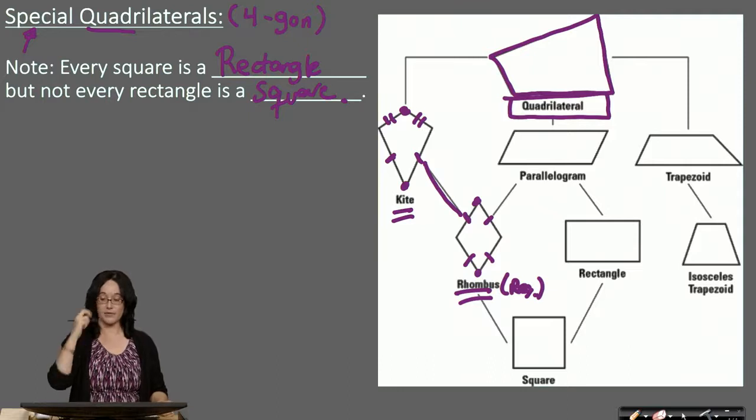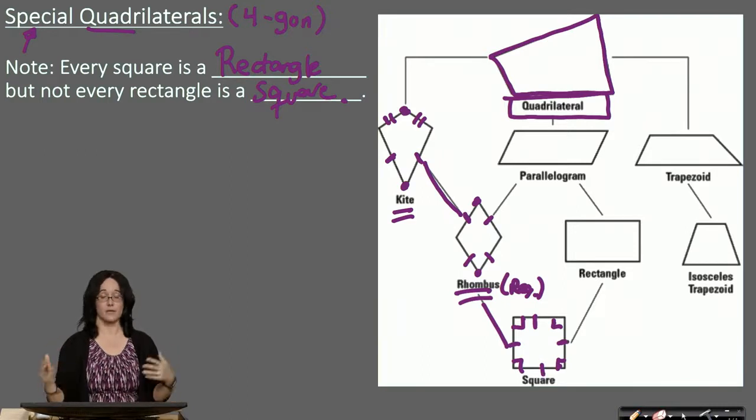Okay. And another special type of rhombus, which also is a kite, right? So we're kind of building our way through the subcategories here, would be a square, because notice that a square, yes, these are all 90, but we have a pair here of adjacent congruent segments and another pair of adjacent congruent segments. So that is another example.